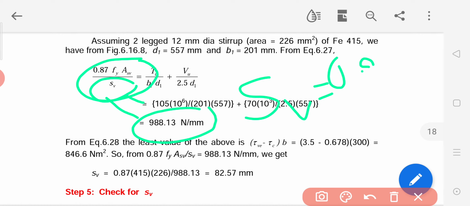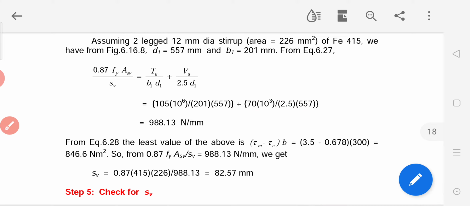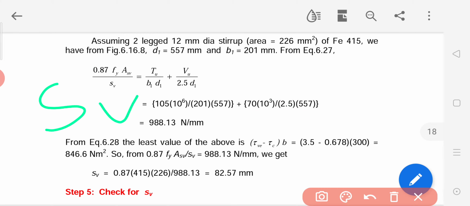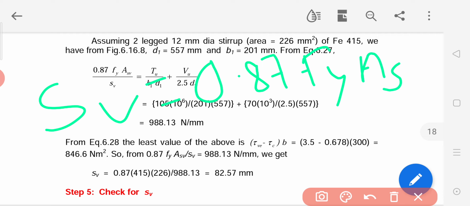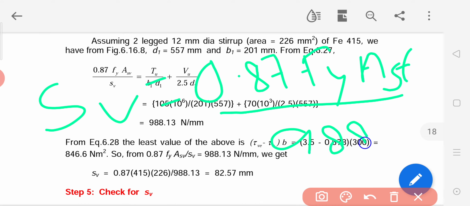This formula is SV equal to 0.87 Fy ASV upon 988.13.